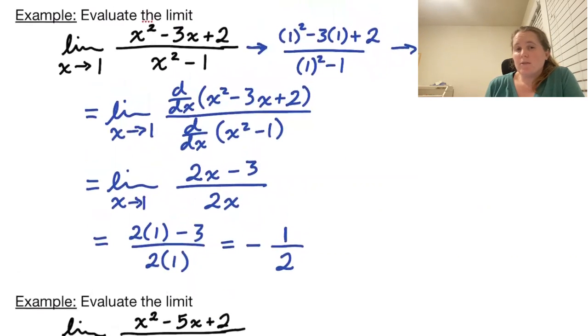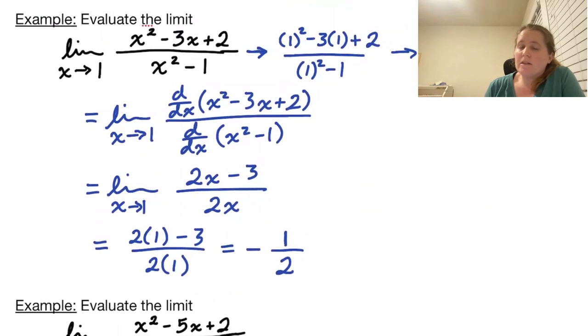Now, we previously found this limit by factoring the numerator and denominator and then canceling out that factor of x minus 1. This is just an alternative way to find our limit.